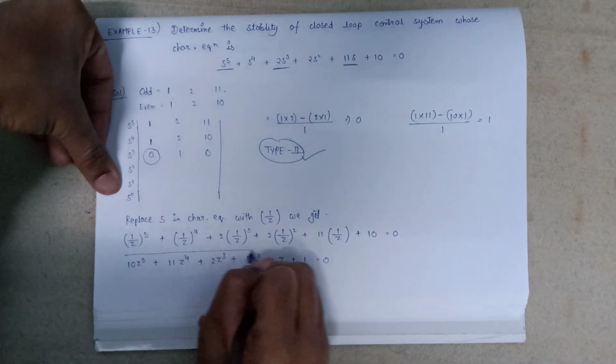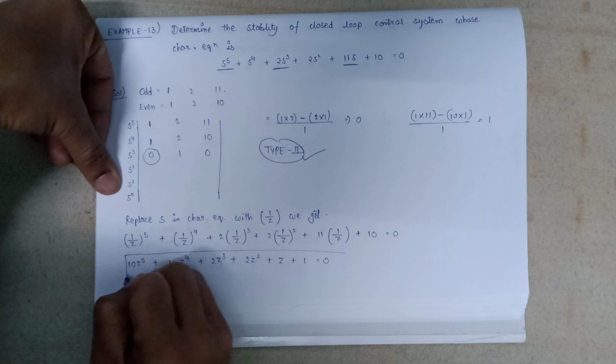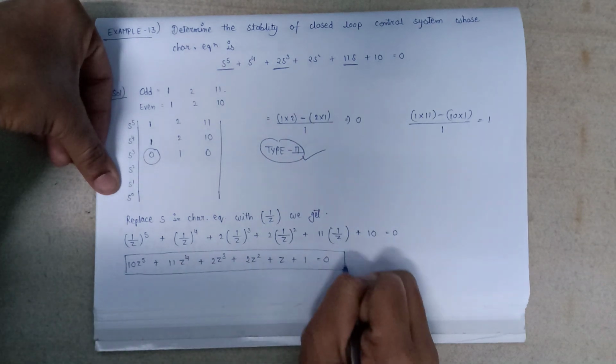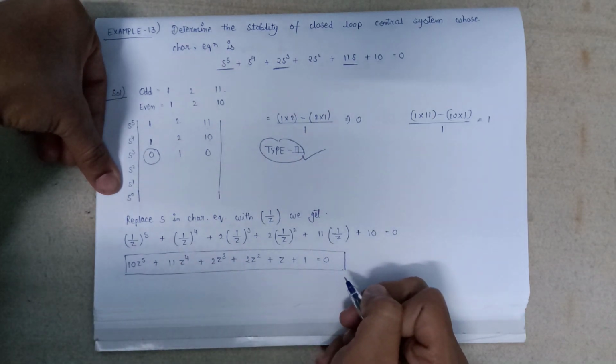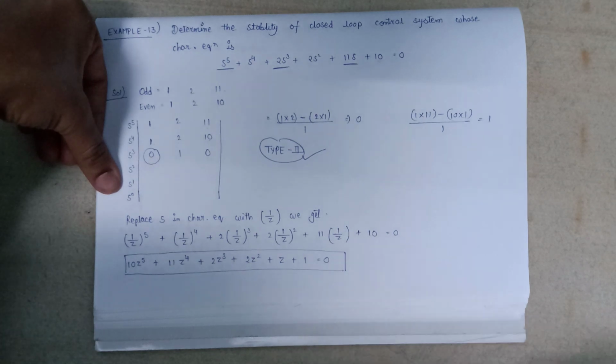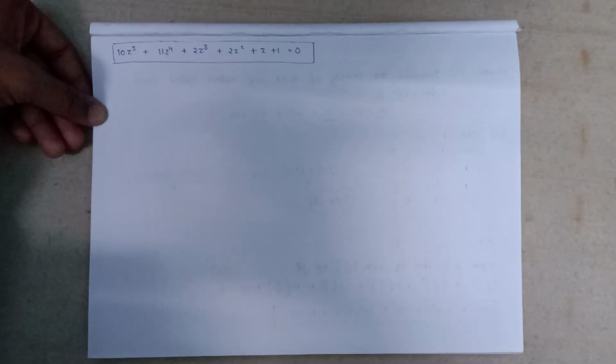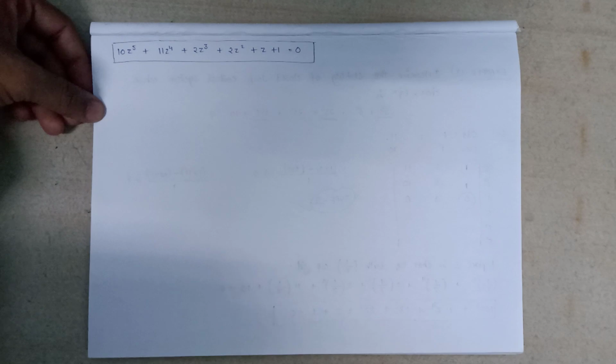So this is the final characteristic equation on the basis of which we will again form a Routh array and check whether our system is stable or not.